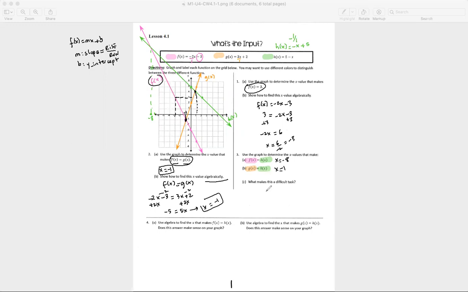Well, the accuracy of the graph, of the plot. And you could see that, right? If I don't graph almost perfectly, then it's challenging. The accuracy of the graph makes this a difficult task.